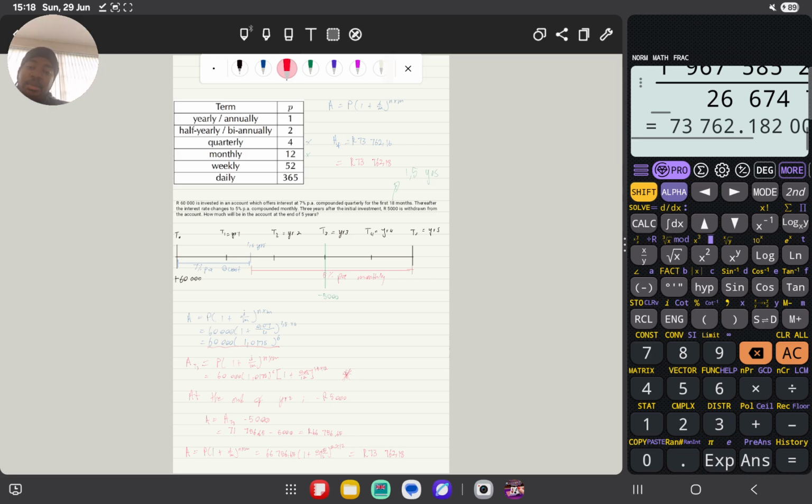Personally, I prefer the second method, because it makes so much sense to me. We did invest, and before we made the withdrawal, we check this is how much we have, and then from that much we make the withdrawal, continue, until we get to the final value. So personally, I prefer method 2, but method 1 also works.